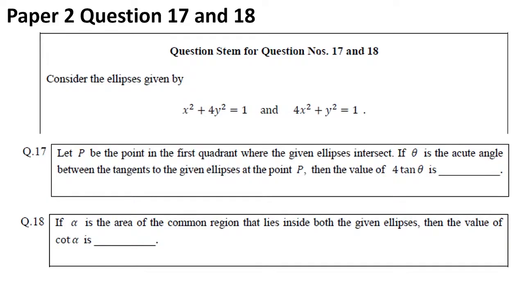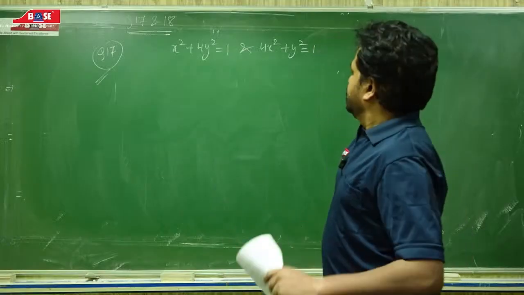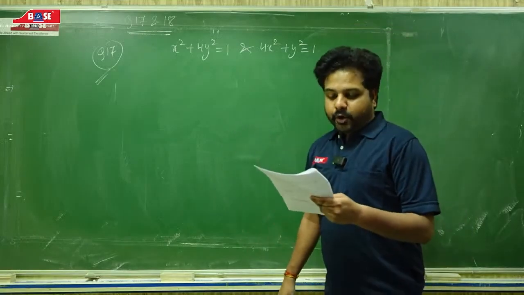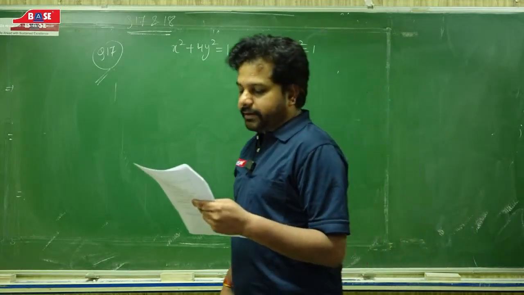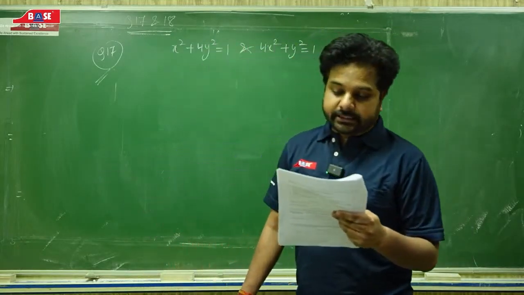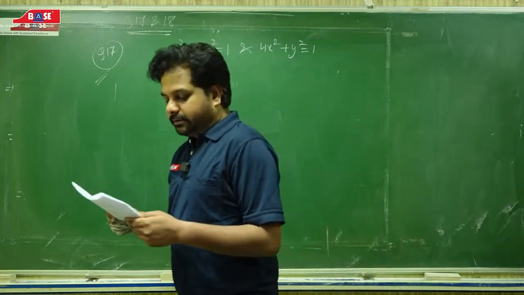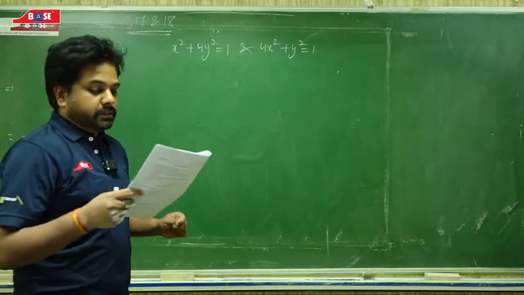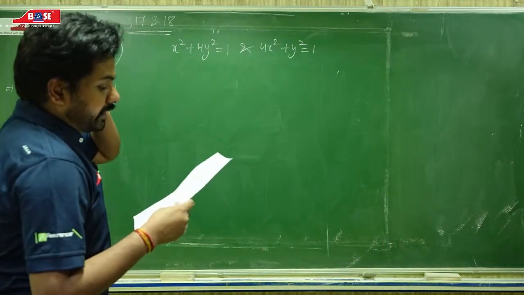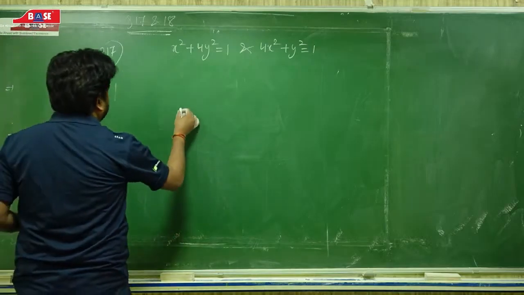So they have given two ellipses, that is x square plus 4y square equals 1, and the other ellipse 4x square plus y square equals 1. Clear? So they are asking: let P be the point in the first quadrant where the given ellipses intersect. If theta is the acute angle between the tangents to the given ellipses at the point P, then the value of 4 tan theta. Okay, let's draw the diagram for this.